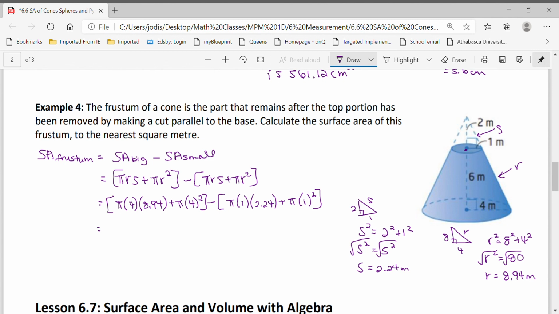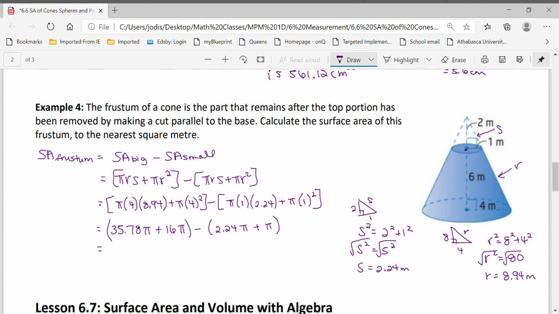Okay. Alright, so for my big, I got 4 times 8.94 is 35.78 pi plus 16 pi, right? Minus 2.24 pi plus just pi.